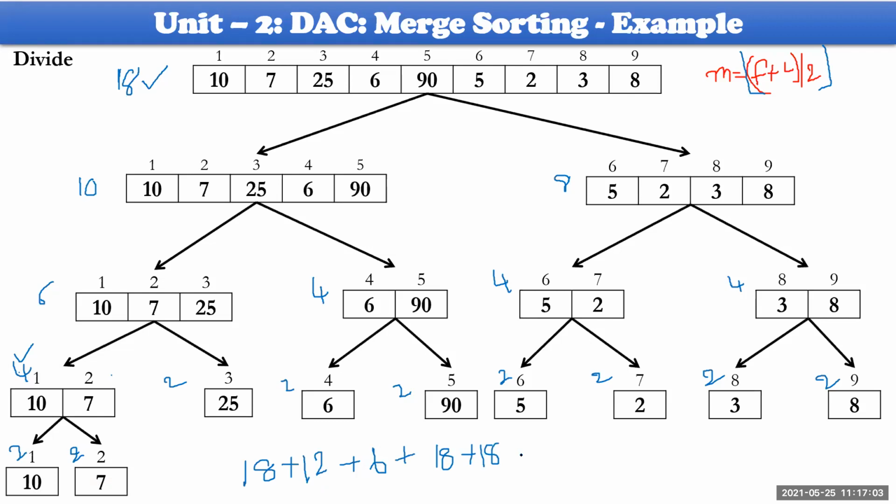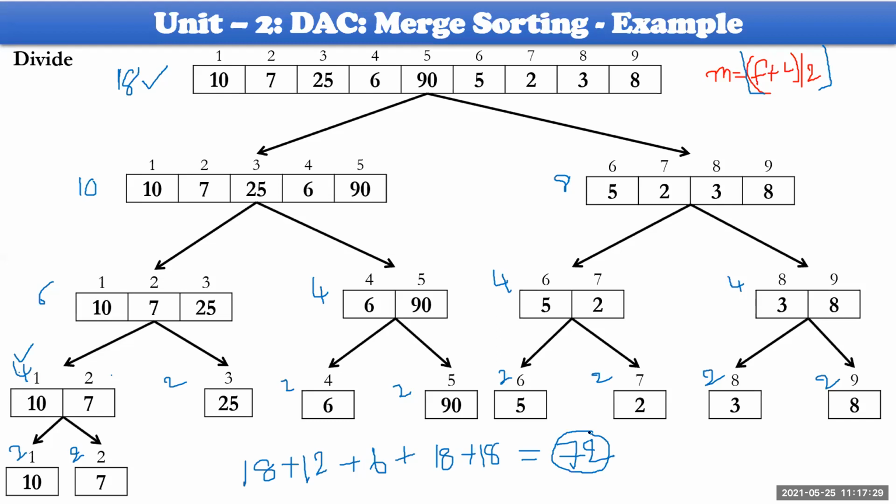Calculate the total: 18 plus 18, 36, 42, 54, 54 plus 18, 72 bytes are required for this particular simple problem. Actually, what is the actual list storage data?